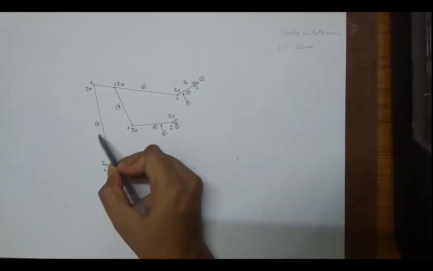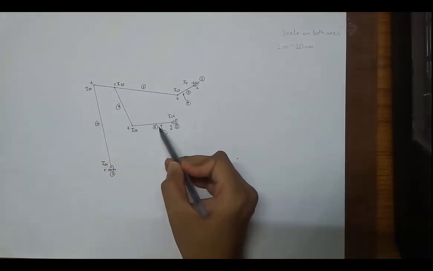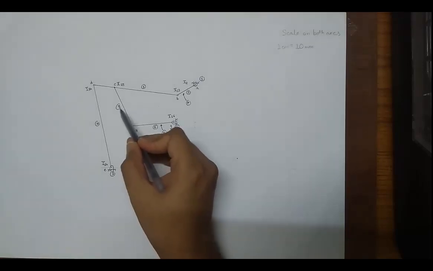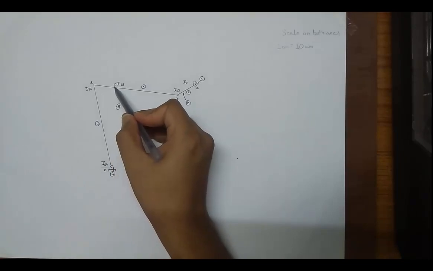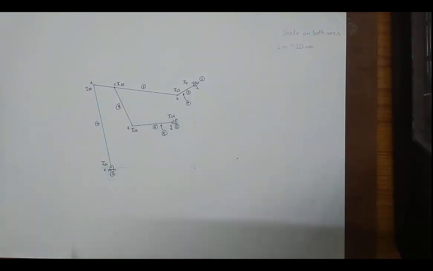We are not interested in this angular velocity. We don't need it. We need this angular velocity. For this angular velocity, we need this velocity. For this velocity, we need this angular velocity. For this angular velocity, we need the velocity of C and not of D. So we are going to find the velocity of C, not the velocity of D.